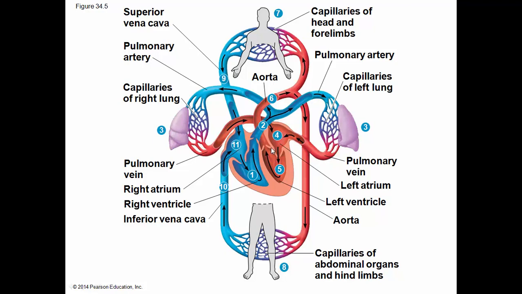Now the pulmonary vein then travels through the left atrium and the left ventricle, and it gets forced up through the aorta. The aorta has about 3 different pipes on it, and those pipes travel to different parts of the body. One goes right through the neck, right to the head, to the brain.